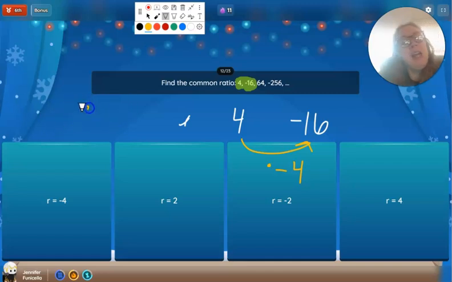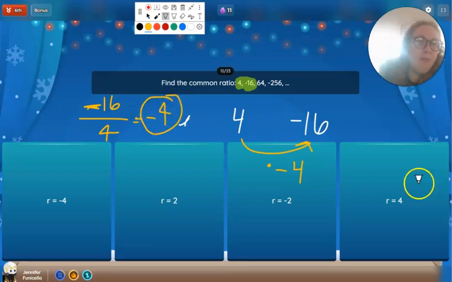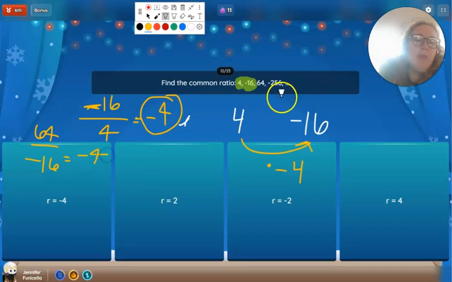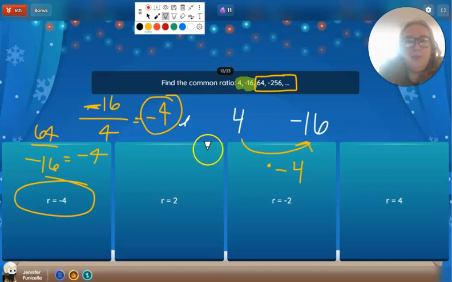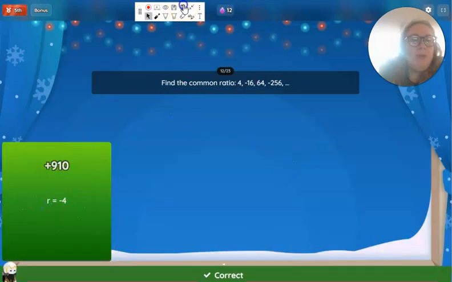If you weren't sure how to get that, you could do negative 16 divided by 4, and that would show you negative 4 as well. Or you could do 64 divided by negative 16, and that would get you negative 4 too. Or negative 256 divided by 64 would also get you negative 4. There's our common ratio. Beautiful.